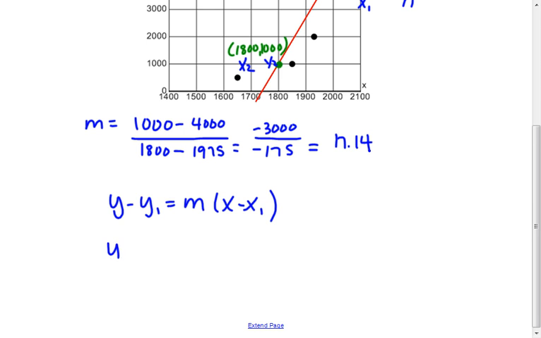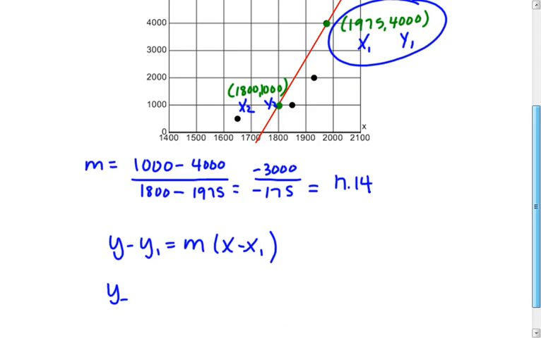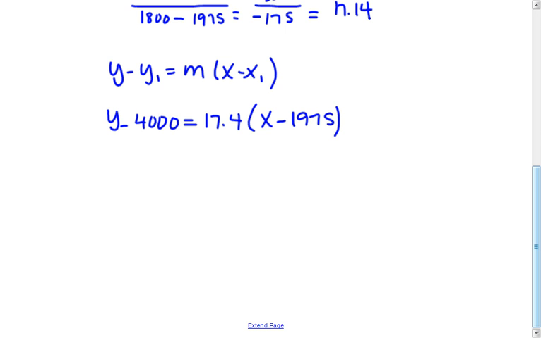And so we will go y minus, again, I'm using this x1 and y1, so y minus 4,000 equals my slope, which was 17.14, times x minus x1, which was 1975. Y minus 4,000, I'm going to distribute this, 17.14x. 17.14 times negative 1975 is negative 33,851.5.